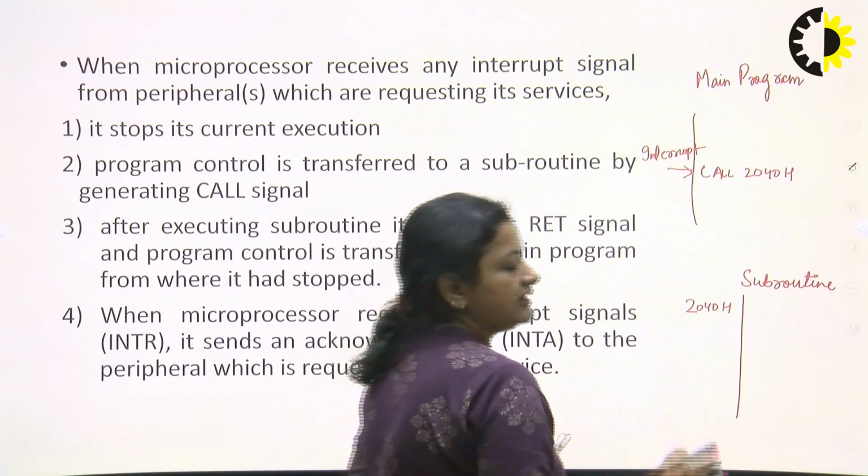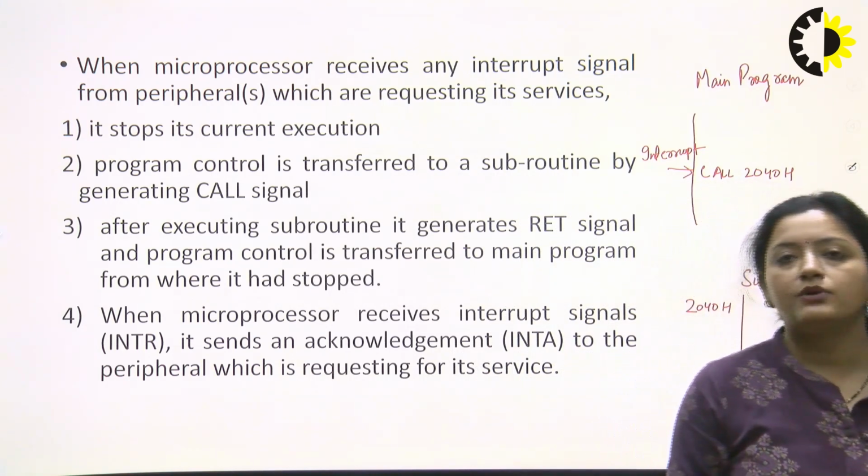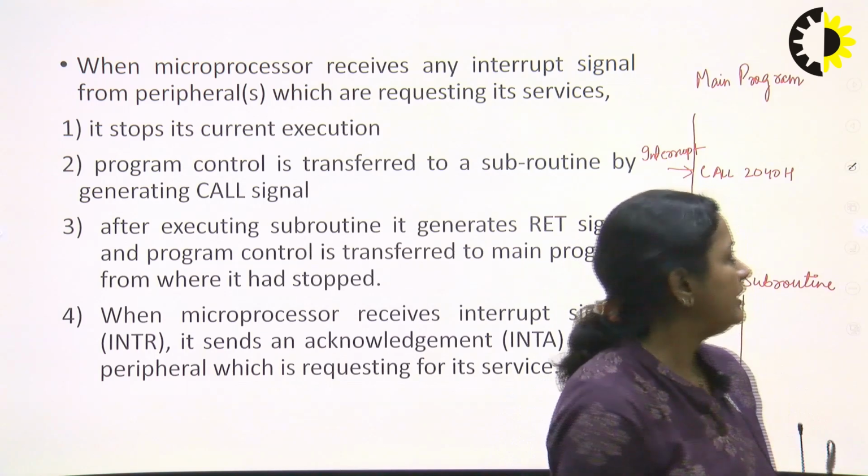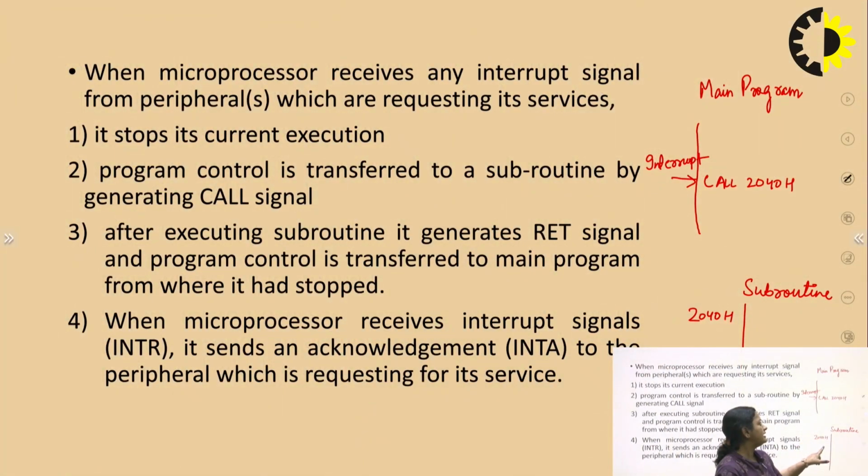As soon as an interrupt is encountered, my main program execution will stop, and with the help of the call command, the program control will be transferred to a subroutine at the specified vectored address of the interrupt. Now this subroutine will complete first, and at the end, with the return command, I will return back to the execution of my main program.